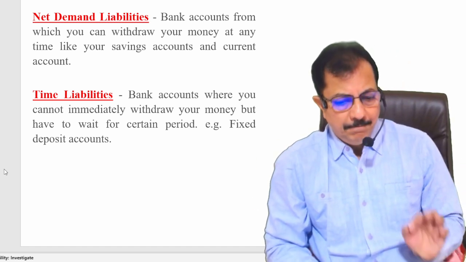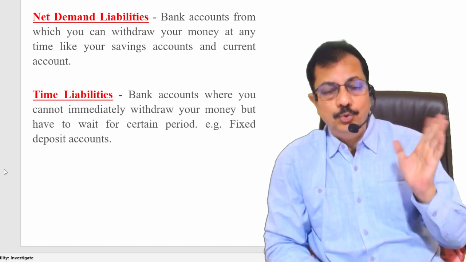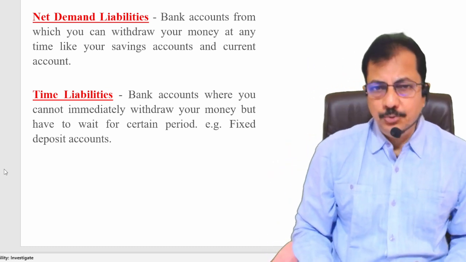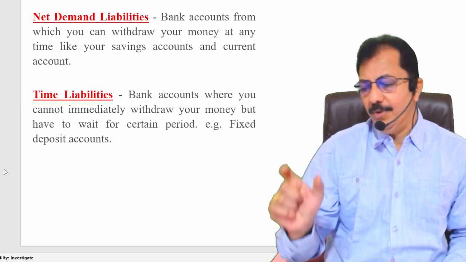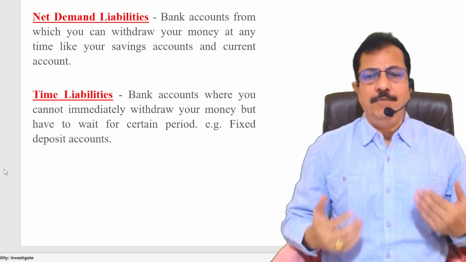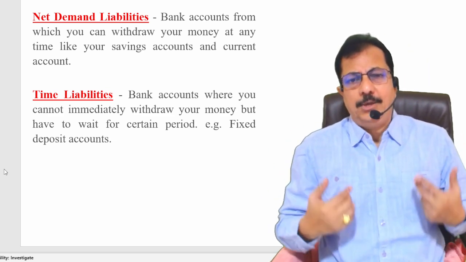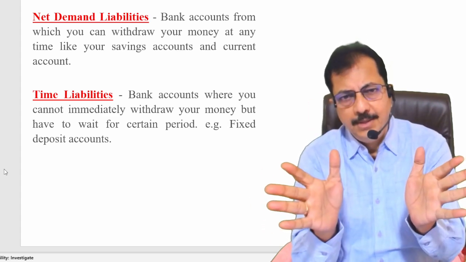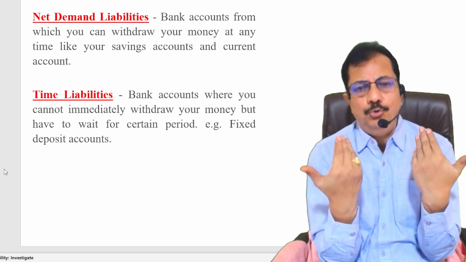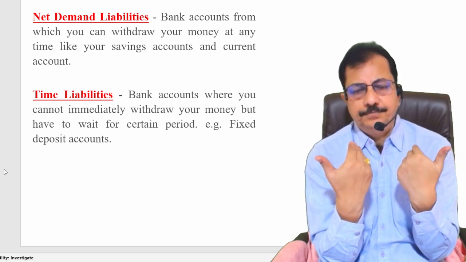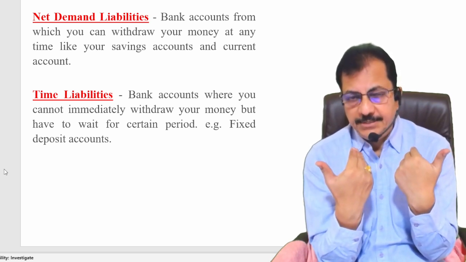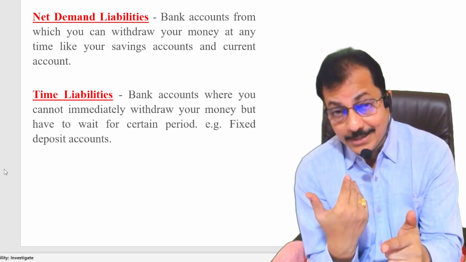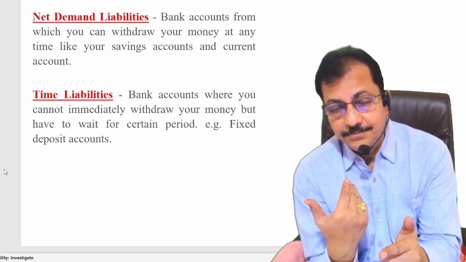Meaning, the bank is liable to you. The bank has to pay. When you open an account, you have every right to take back your money at any time you want, and the bank is liable to you. That's it. If any such facility is there, that is called net demand liabilities. Am I clear?